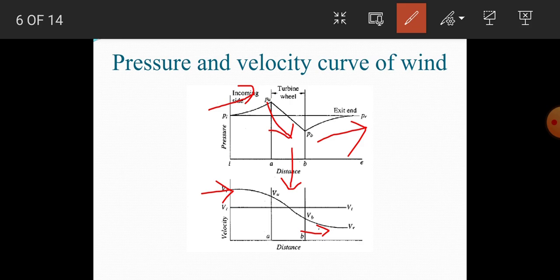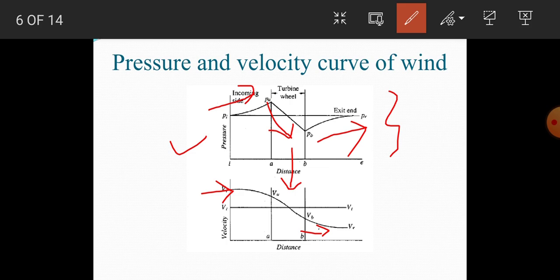However, the fall in the static wind pressure is sharp, as shown here in the figure. The wind leaving the rotor is below the atmospheric pressure, but far downstream it regains its value to reach the atmospheric level again.